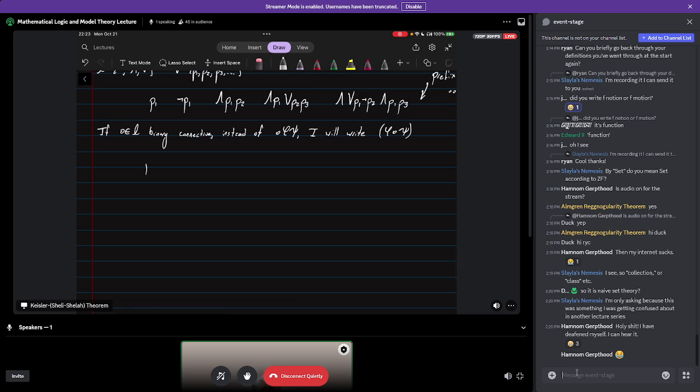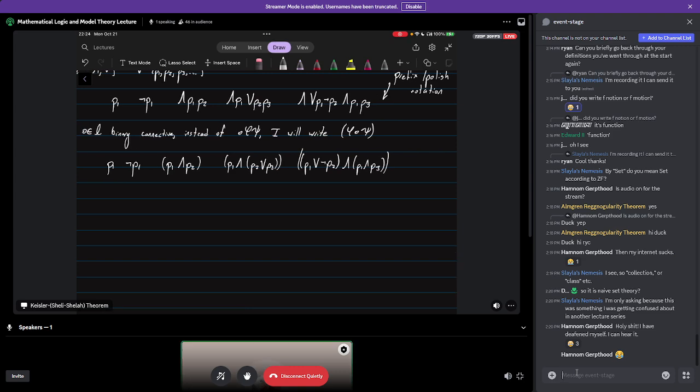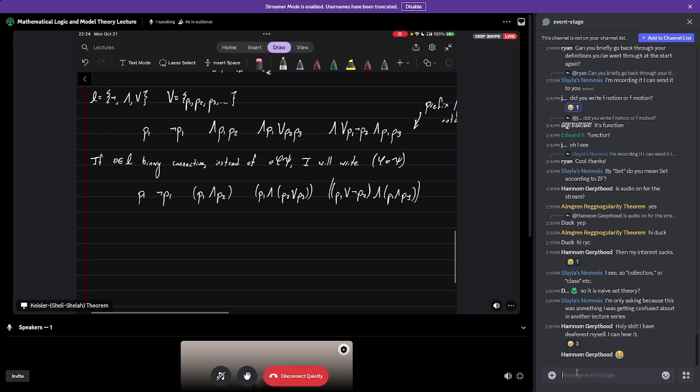So these get translated to P1, negation of P1. Instead of and P1 P2, I'm going to write P1 and P2 in parentheses. The next one becomes P1 and P2 or P3. And this one becomes P1 or negation of P2 and P1 and P3, all in parentheses. This is just a syntactic thing, but it's more readable.